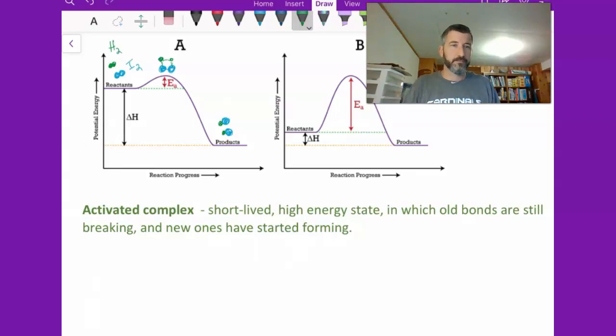It's high energy. It's always higher energy than your reactants and products, because by definition it's the top of the hill, right? So it can't be lower in energy than the reactants or the products. And then as soon as we start going downhill, the link between the H's and the I's is broken, and we're going to form our products.